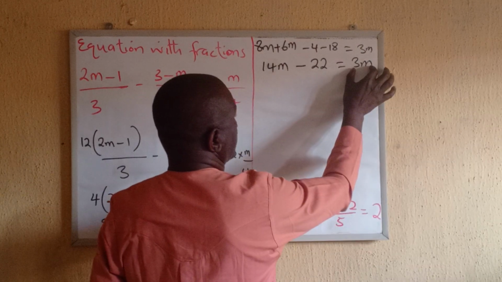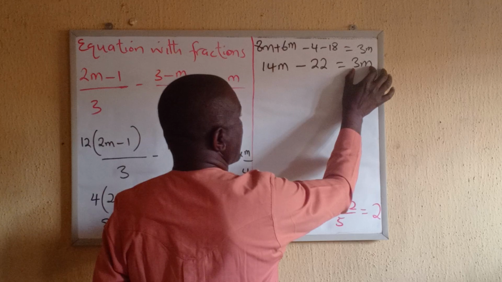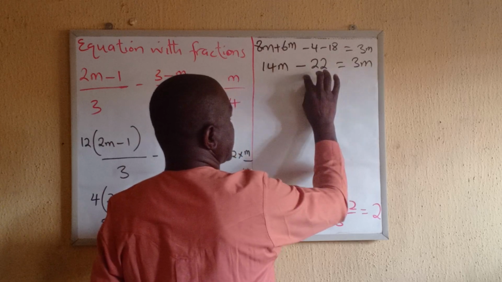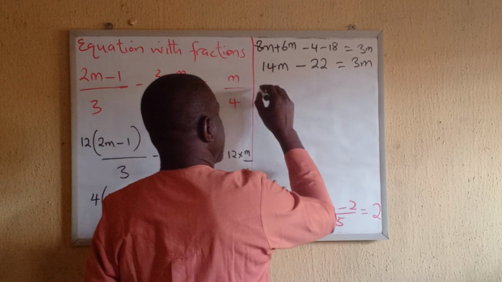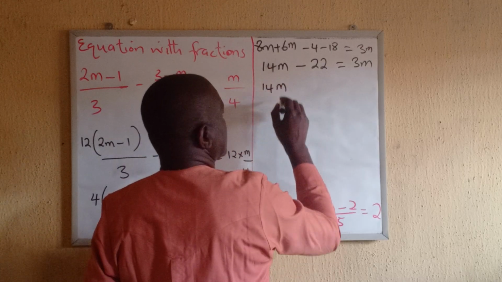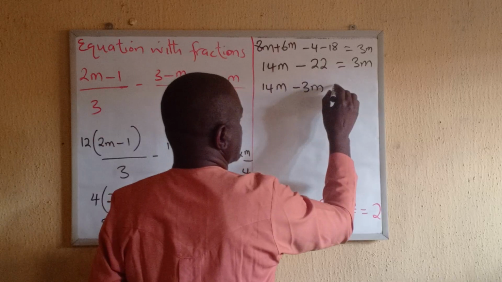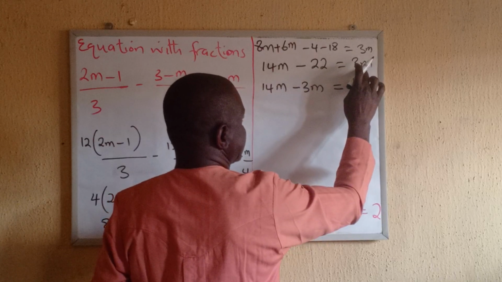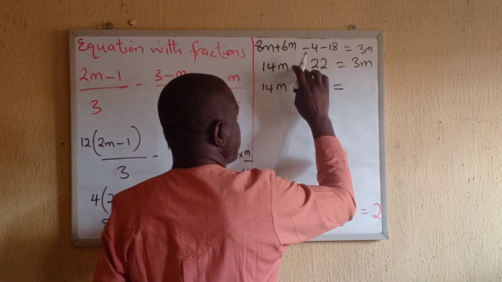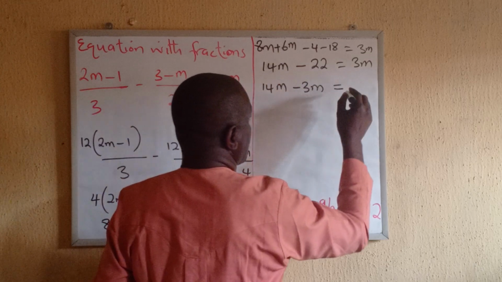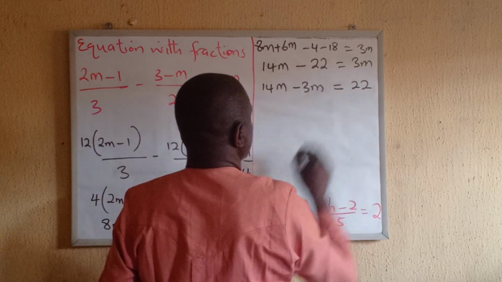When 3m leaves the right hand side to the left, it becomes minus. So you first of all write the 14m, write minus 3m, don't write minus 22, so write equals to. Since in the right hand side now nothing is there, then you say that minus 22 is on the left. When it goes to the right, it becomes positive, so you have 22.